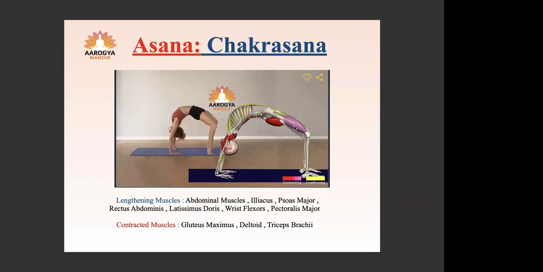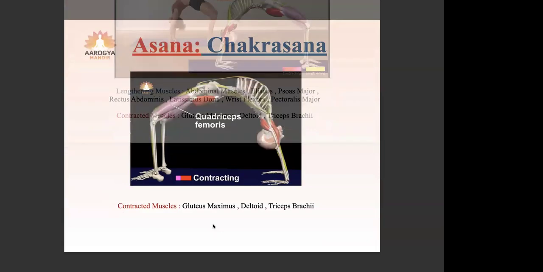They are not fully active, but they help to stabilize the posture. So that's how you can demarcate your learning: yellow, red, and pink. While you're doing Chakrasana, which muscles are getting stretched and which are getting contracted? Let's learn about it.